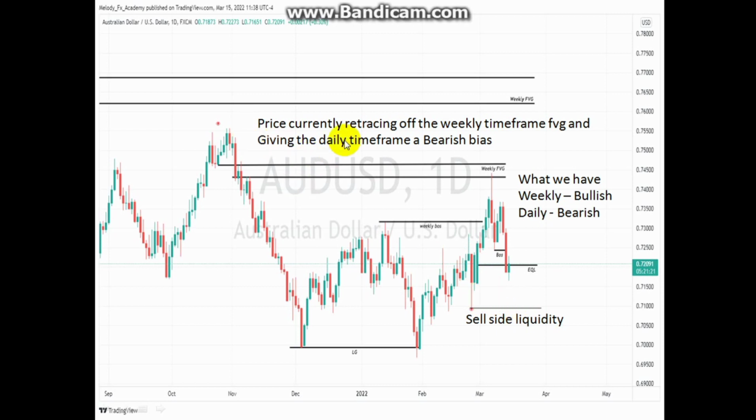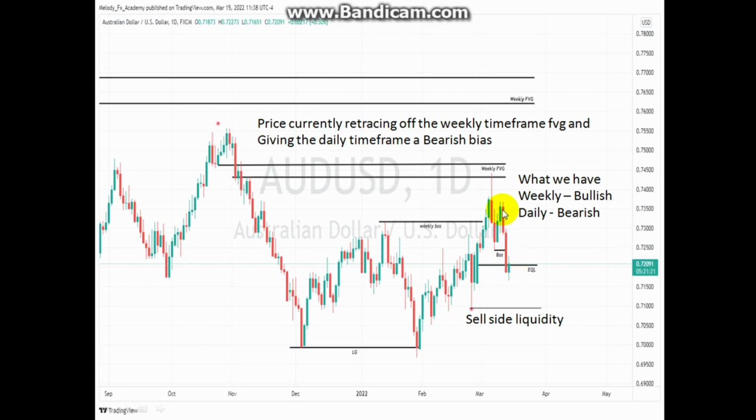Okay, so currently price is retracing off the weekly time frame fair value gap and giving the daily time frame a bearish bias. As we can see here right now, price has just traded off the weekly fair value gap and just broke structure on the daily time frame.